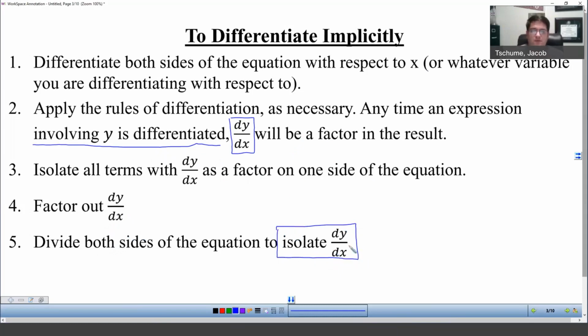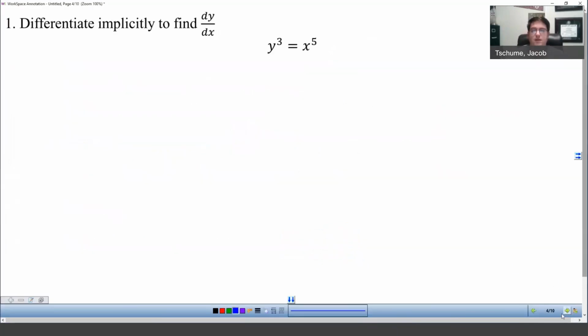As you should remember from Leibniz notation, dy dx is the derivative function that we're trying to find. Will all these techniques be necessary every time? No, some of them you can skip depending on the problem, but this gives us a little bit of a structure of what to work through as we take the derivative implicitly. A lot of this section is just going to be me showing you how to do derivatives implicitly, so let's work through a bunch of examples.